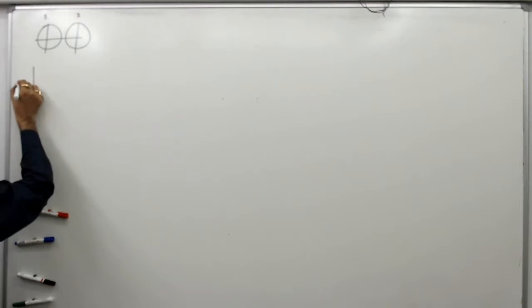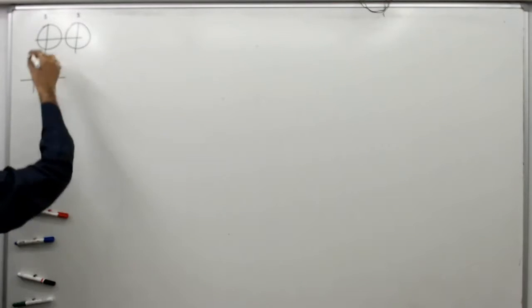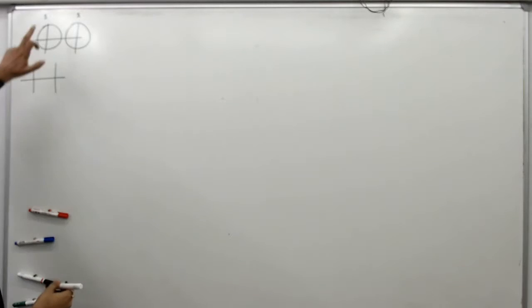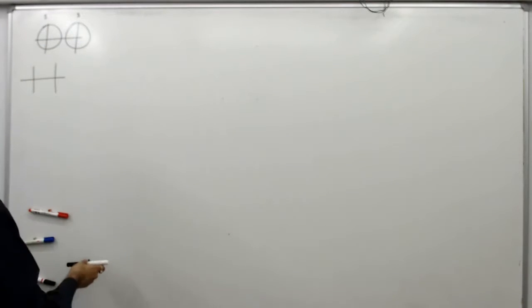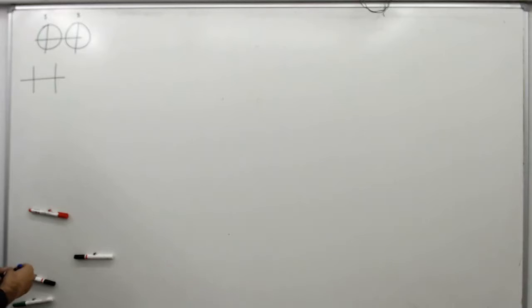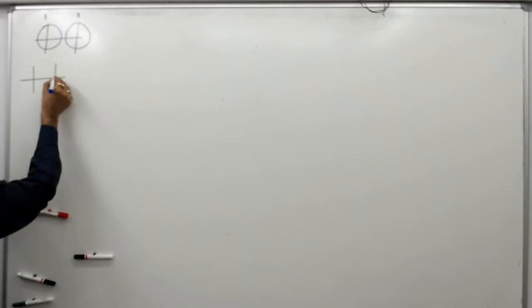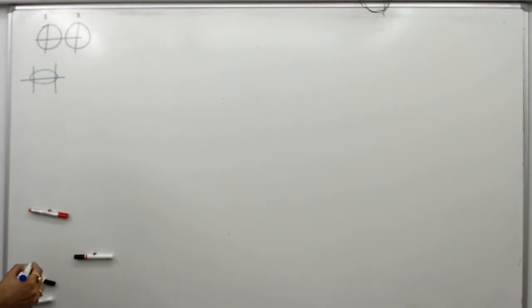Now there are two kinds of overlap. One overlap is going to be of the region which are common inside, which are going to overlap with each other. When these orbitals overlap, they are going to give us a region like this. This region would be formed.